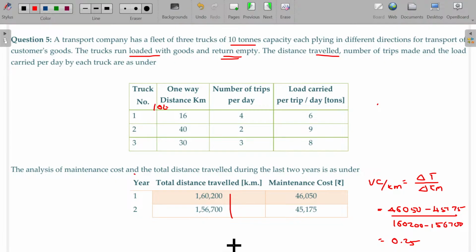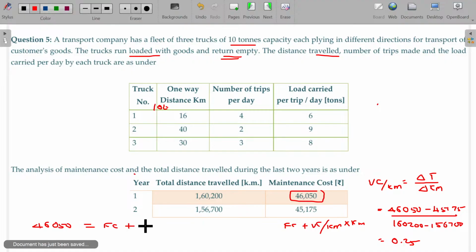Apart from that, you have to find out the fixed cost also. The total cost being fixed cost plus variable cost per unit into kilometers driven. So 46,050 total cost is equal to fixed cost plus variable cost being 0.25 per kilometer into number of kilometers being 1,60,200.